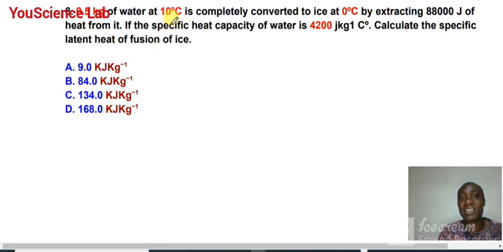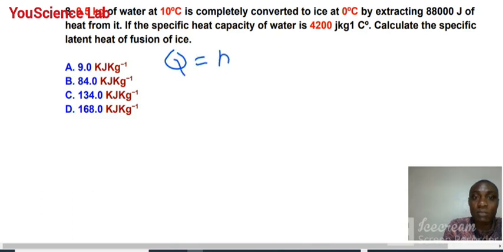Now look at this, there's a temperature change by extracting 88,000 joules of heat from the water, and after extracting some amount of heat from it, the remaining heat out of the 88,000 was used to convert the water to what? Ice at 0 degrees.